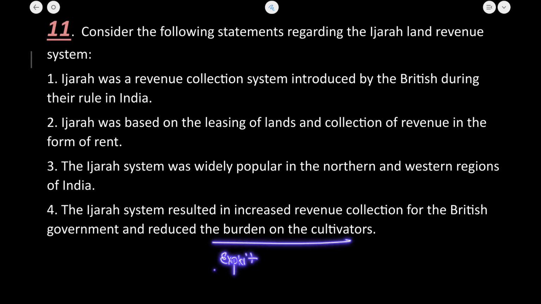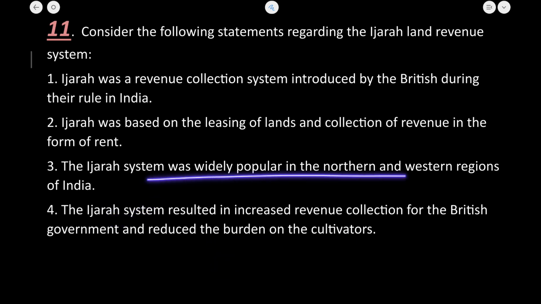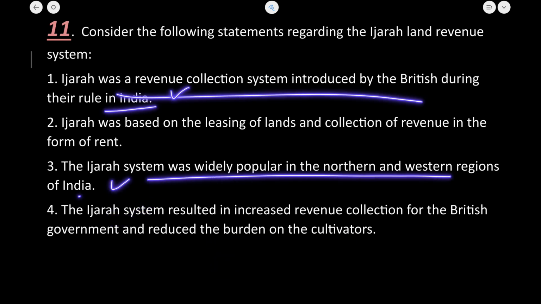It was a method which led to economic distress among the rural populations. So the fourth statement is also incorrect, the third statement was also incorrect, the first statement was also incorrect.